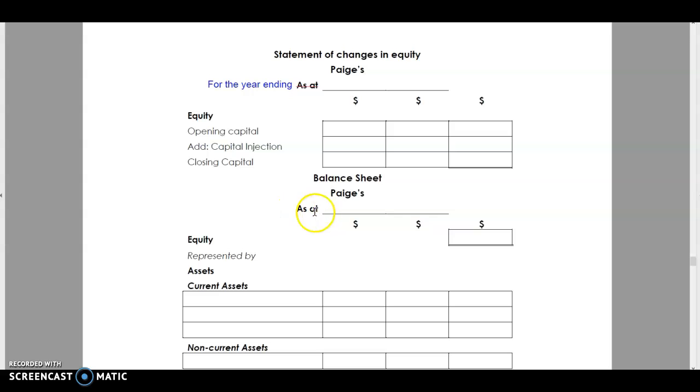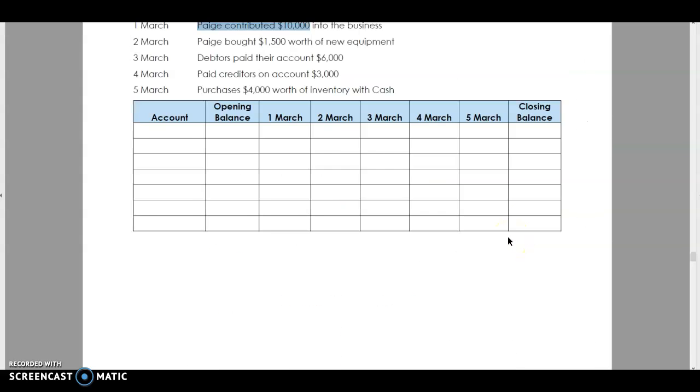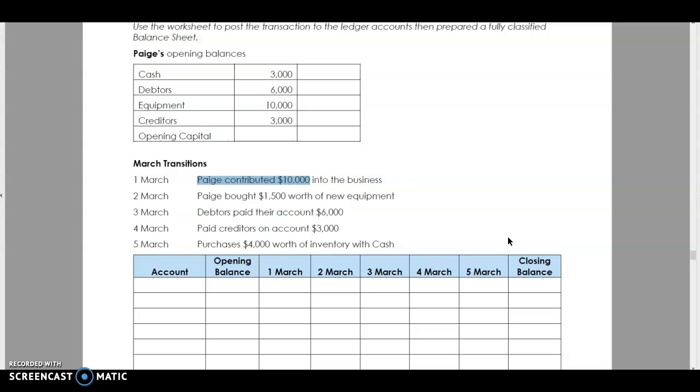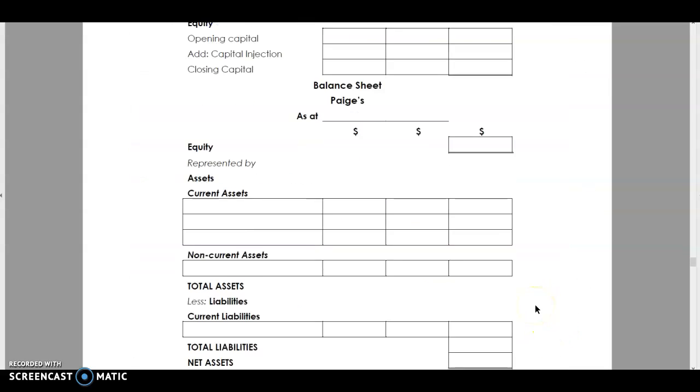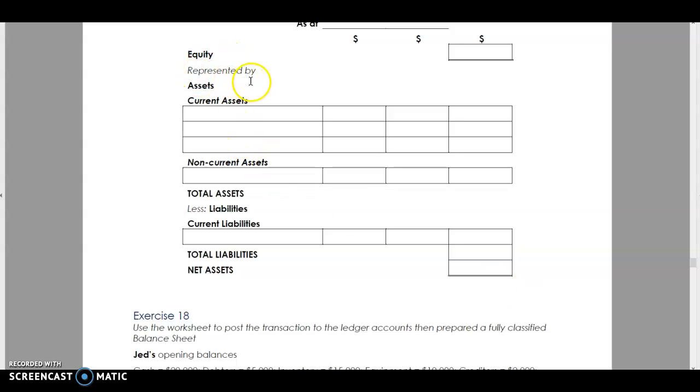And our balance sheet as at, put in the date, and you can carry down the equity balance from our closing capital. And then we want to populate our balance sheet with these account balances, the closing balances. Okay, here we are, equity represented by our assets, current and non-current assets, total assets, so put that in there.